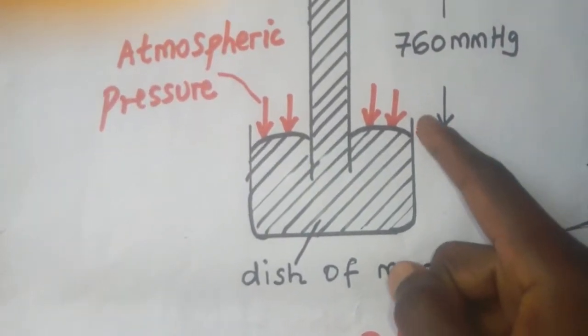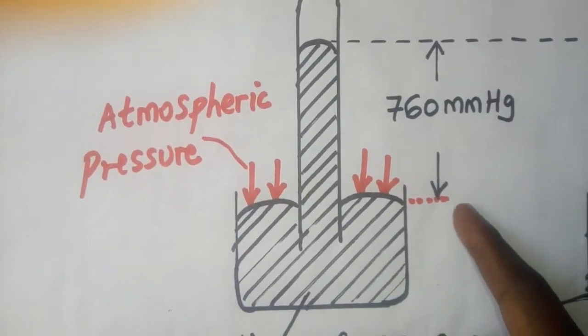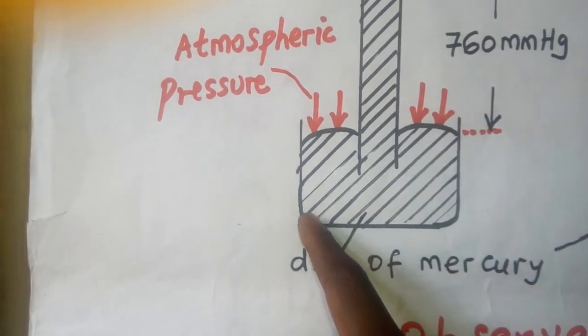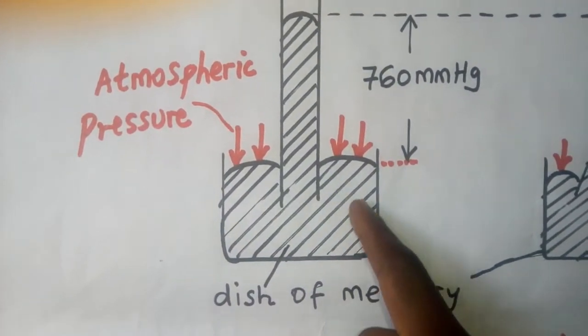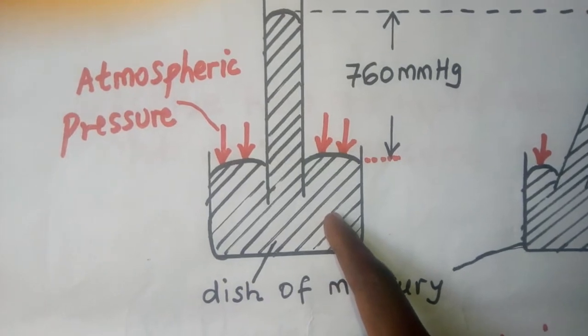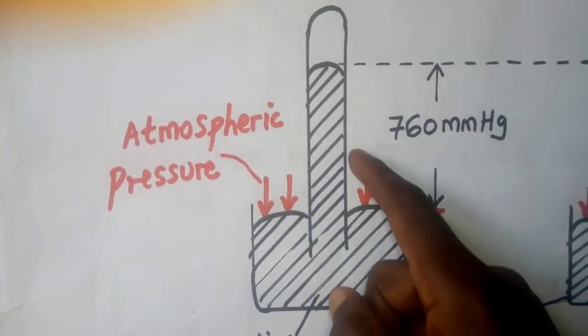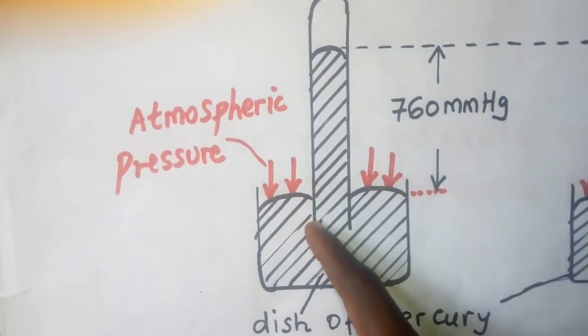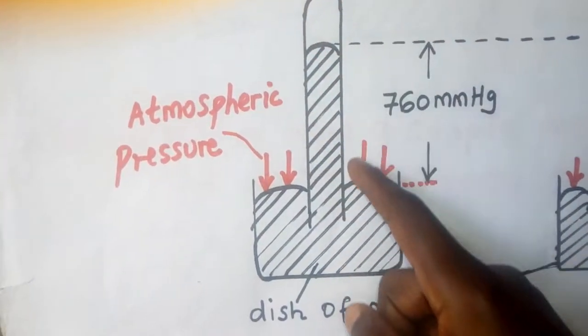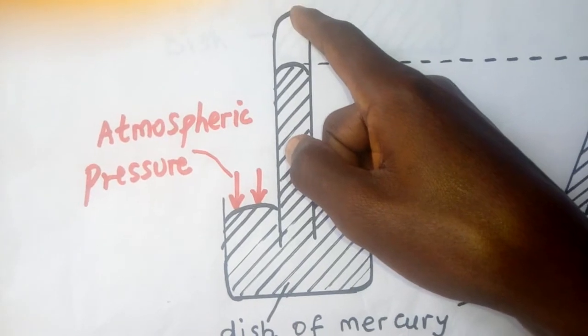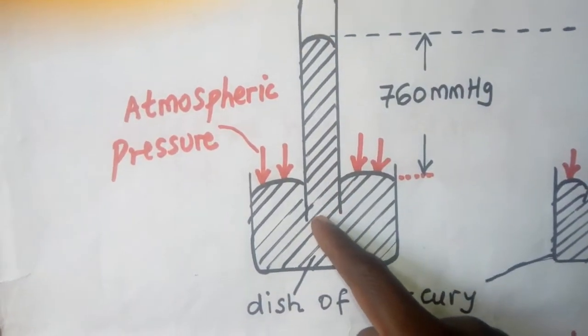One, he needed a dish. Look at this diagram. He needed a dish, a container, then he needed mercury, and lastly, he needed a long tube. You see, this is a long tube. When you look at this long tube, you realize that one side is closed, but one side is what?